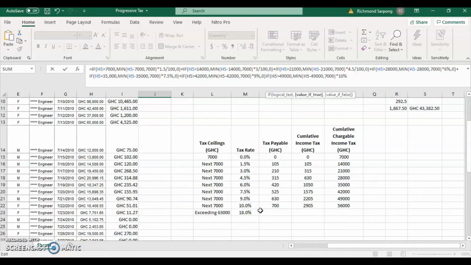Interest rate, else, so bracket close. Then I'll bring the IF plus IF, but this time around I'll not bring the MIN function, so I would only require H5 greater than 56,000.